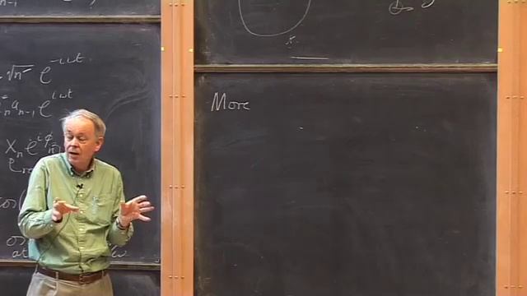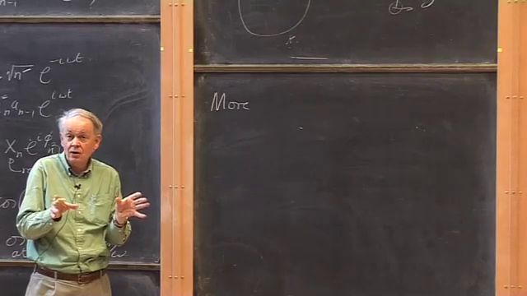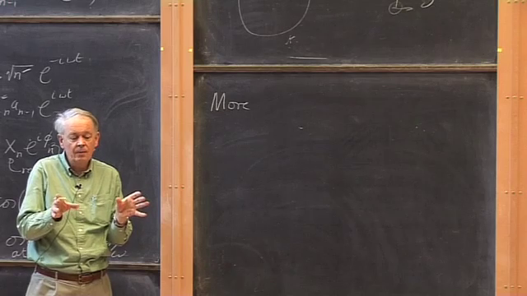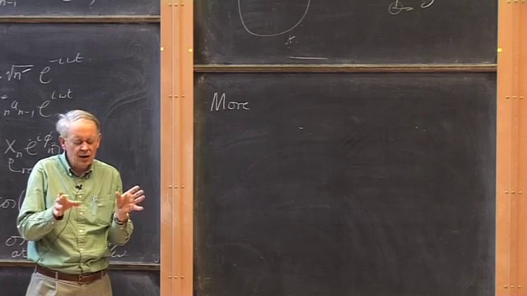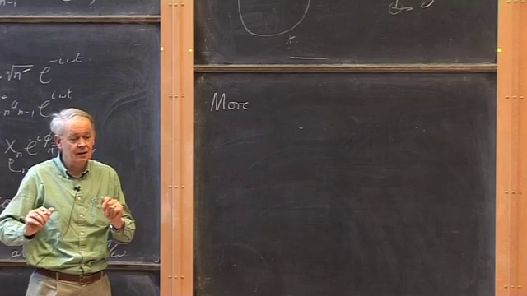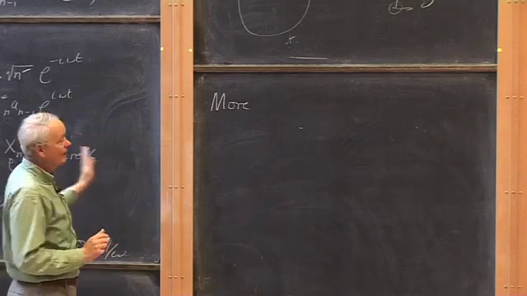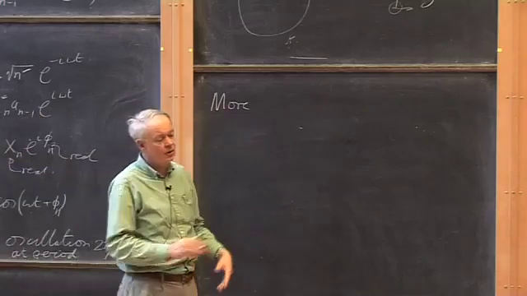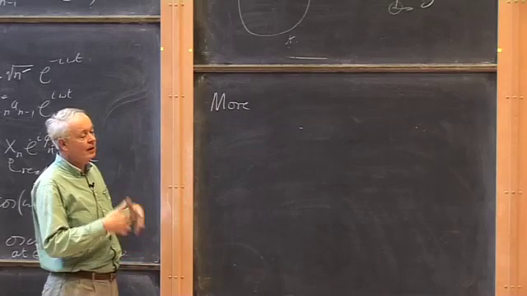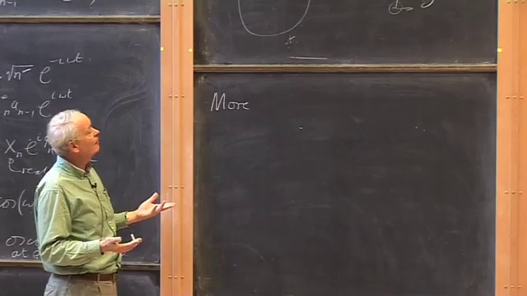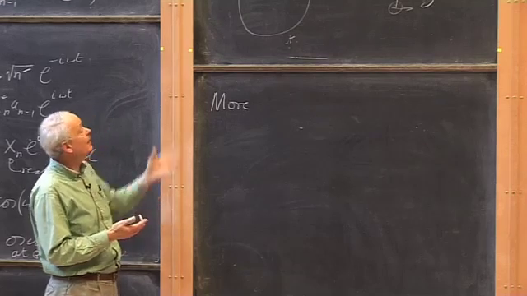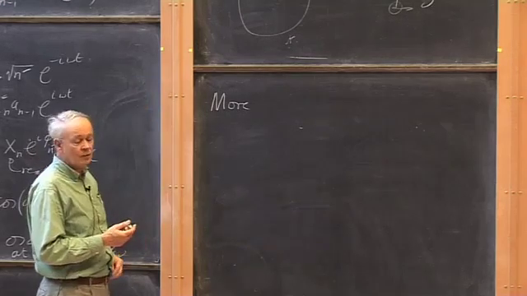To keep it simple, I took just two non-vanishing amplitudes in the expansion of the state in stationary states. Realistically, if you take an ordinary pendulum like that and you give it a jog, the energy will be uncertain by zillions of values of h bar omega, and many of these coefficients will be non-vanishing.